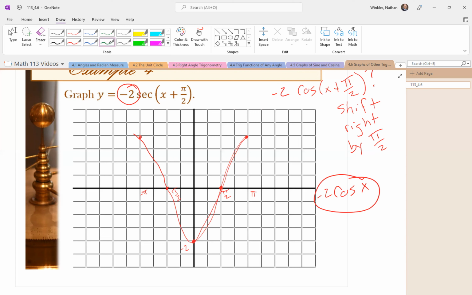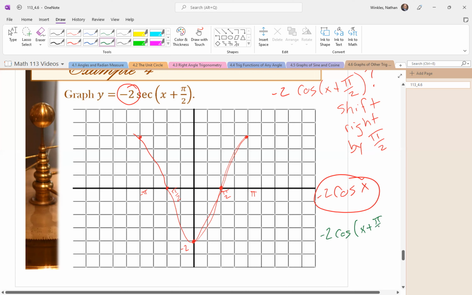Now I'm going to shift this and make this -2 cosine of x plus pi over 2. So I'm going to shift everything by pi over 2. Therefore, this will come here. This will come here. That will come here. That becomes there. And that becomes there.